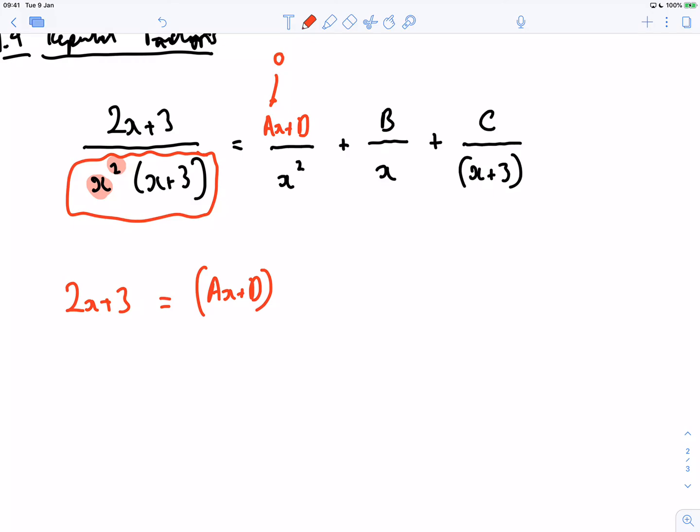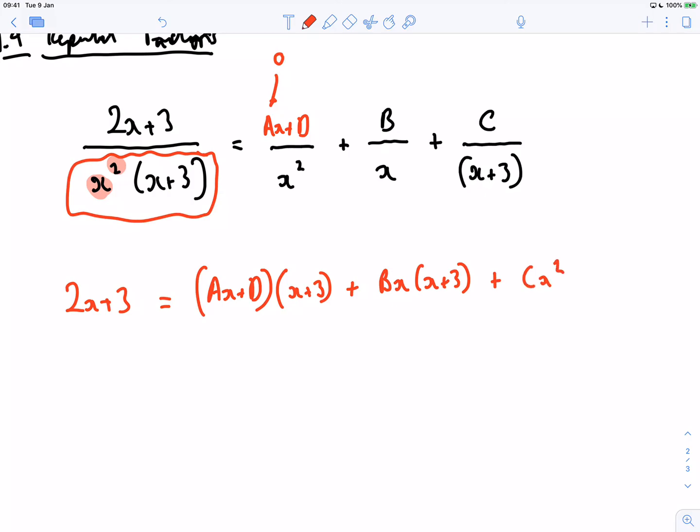It's just going to be a constant of x squared. So this is going to be just x plus 3 here, because when I times by x squared, the x squareds cancel out. Now the middle term is going to be bx times by x plus 3. Why? Because if I times this by x squared, one of the x's will cancel, and then I've got the x plus 3 to multiply by. And then I've got the c times by x squared at the end.